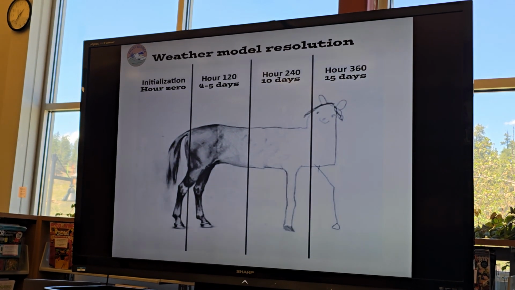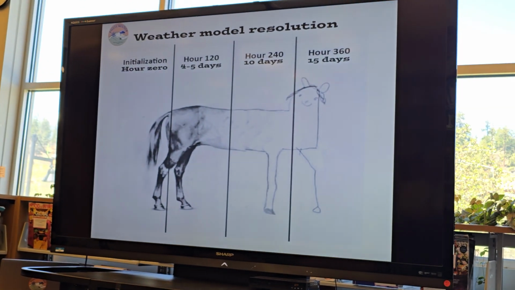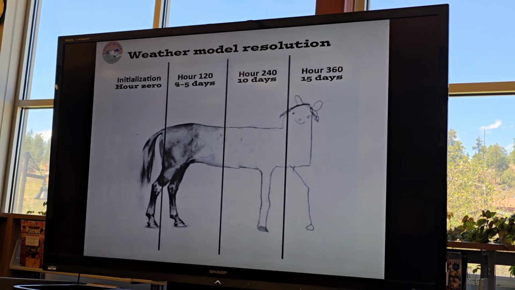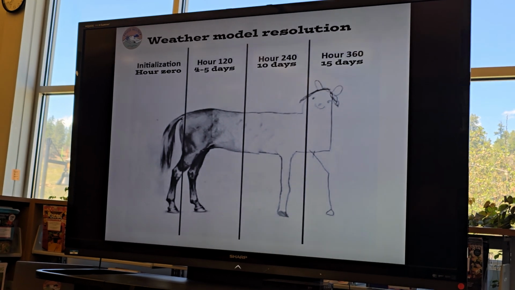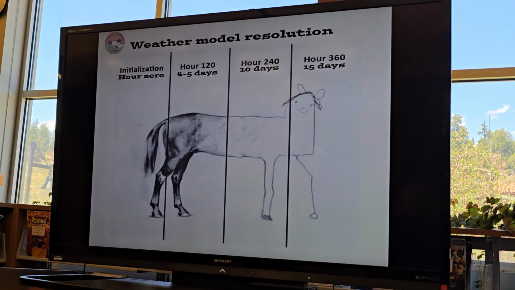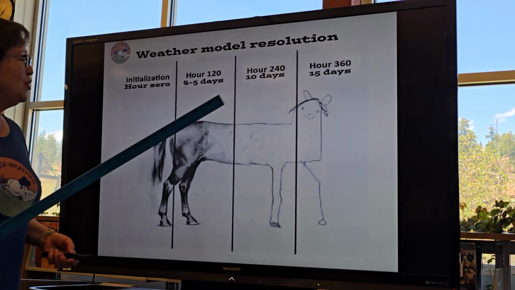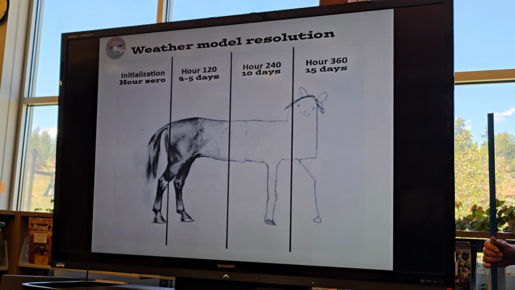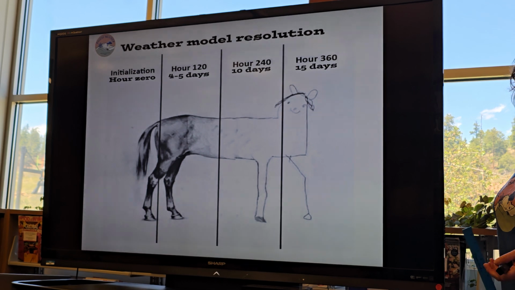So this is Sean's favorite chart. In the 0 hour to first couple of days forecast, we're pretty good, and we can tell you that that's probably still a horse's butt. But as we get out to the 2 week point, or 15 days out in our forecast, it starts to look less and less like a horse.